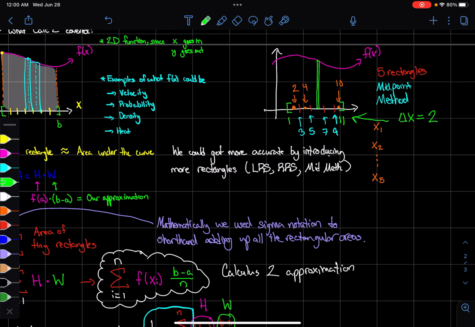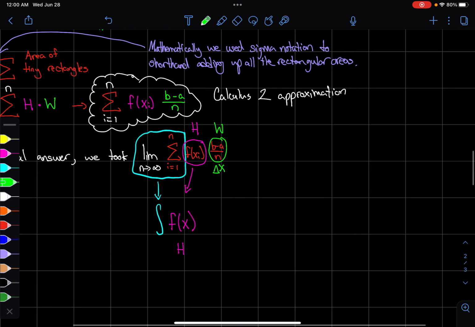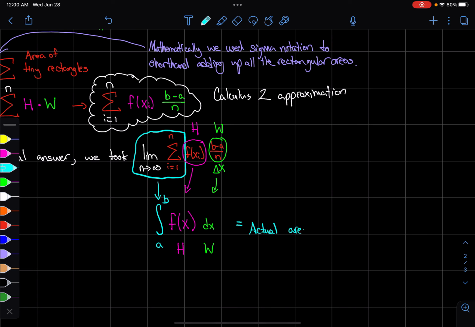Well, the width shrinks and shrinks and shrinks, and it eventually becomes the mathematical quantity dx. It is an infinitely small change in the x direction, and that is the width. We pop on some bounds from a to b, and voila, this right here is the actual area under the curve in 2D, okay? So that's what we did back in Calculus 2.